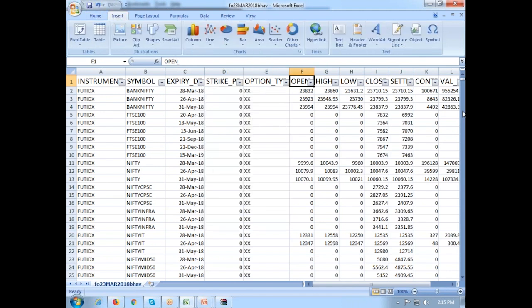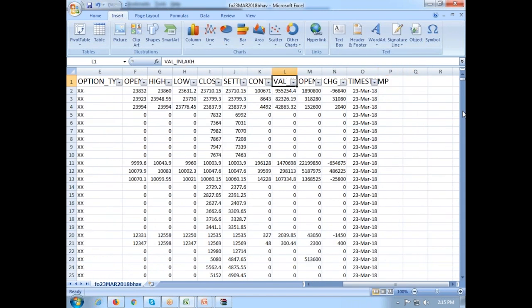Open, high, low, close. I guess I don't need to explain this. Open, high, low, close for the day. Settlement price. This is the contracts: the number of contracts traded today, which you can say is the volume also. Remember, this is the number of contracts.